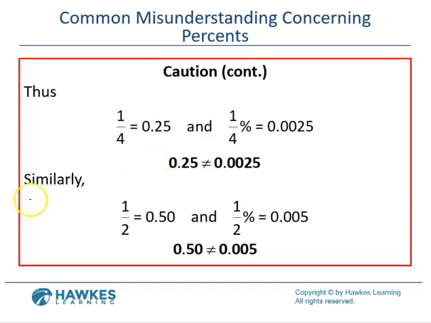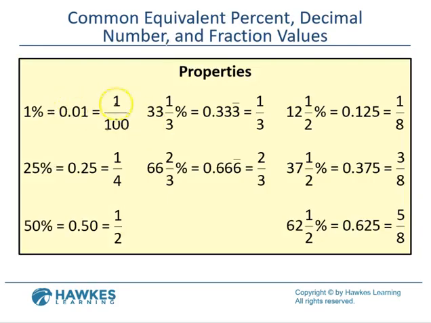Now we are going to see, at the very end, once I get down to the bottom here, some common fractions and percents that we should know backwards and forwards. Let's take a look at those. Notice 1% is 1/100. 33 and 1/3% is the same as 1/3. You'll see this a lot.